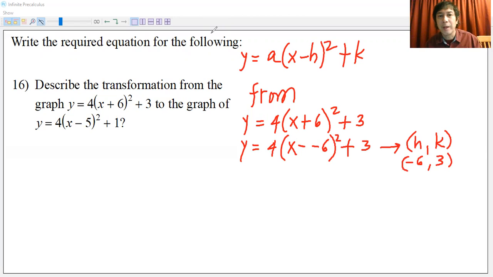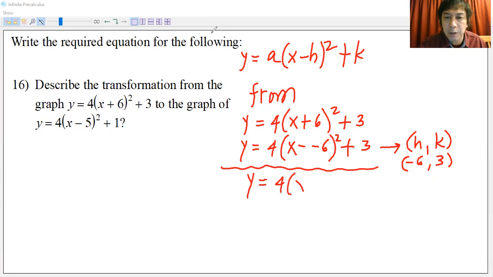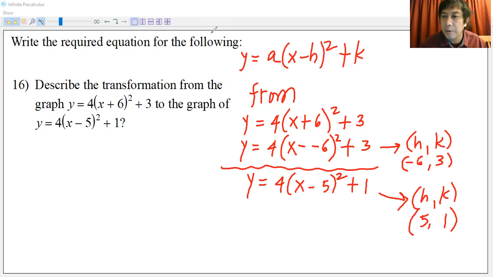Now, the second equation is y is equal to 4 times x minus 5 squared plus 1. The h, k here is a positive 5 for the h and a positive 1 for the k.